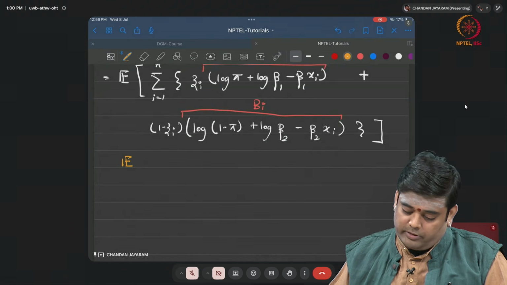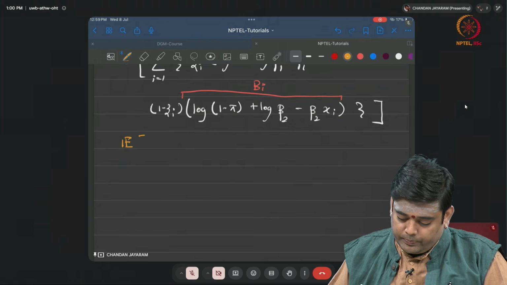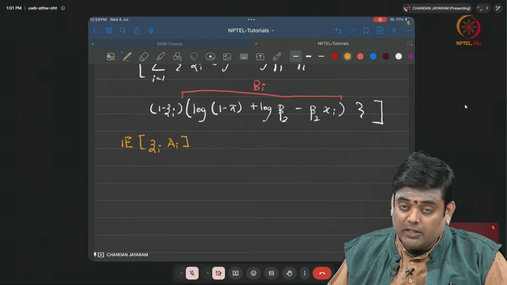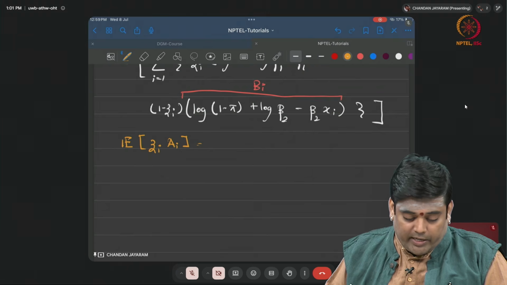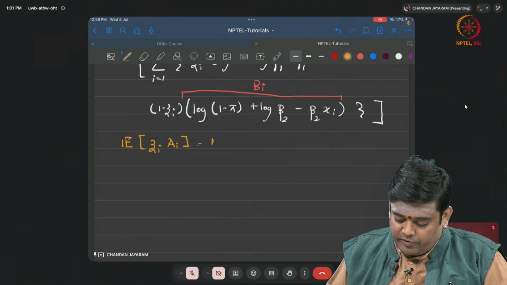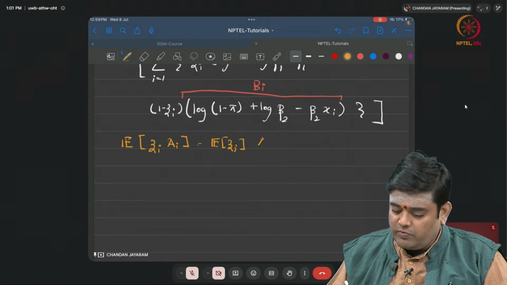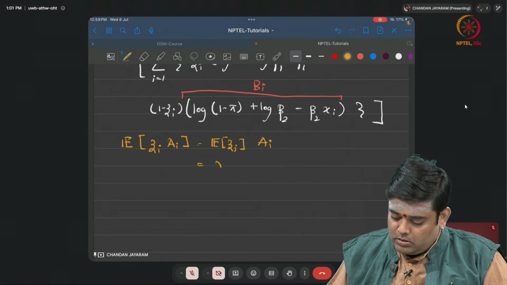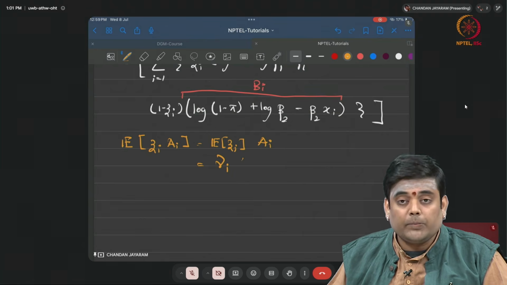Okay. So now we can take that expectation inside. So expectation of zi ai, the expectation with respect to z given x. So this will be expectation of zi into ai. Now we already know this value, into ai.